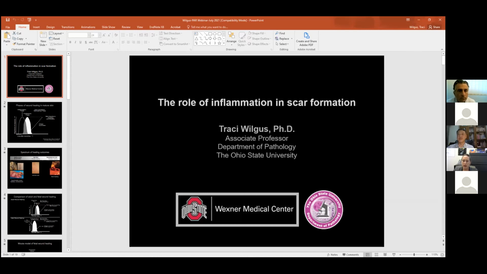So they actually have a bandage that's on the market here in the US. I'm not sure if it is in other places, but essentially they've created this bandage that reduces the amount of tension on the wound, and that tends to reduce scar formation.